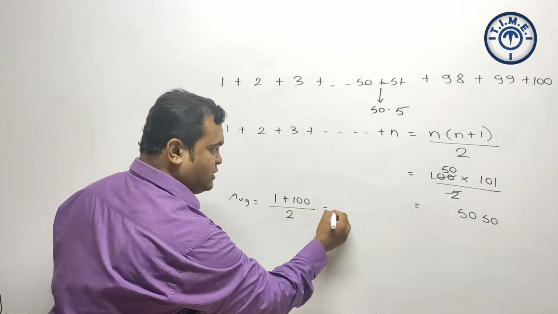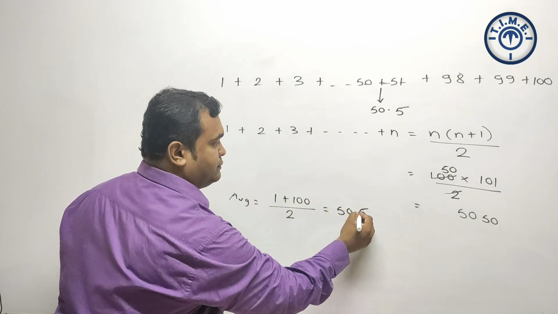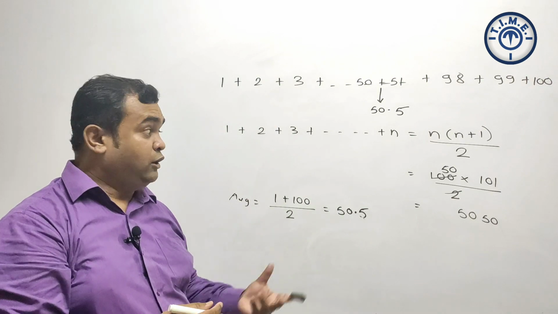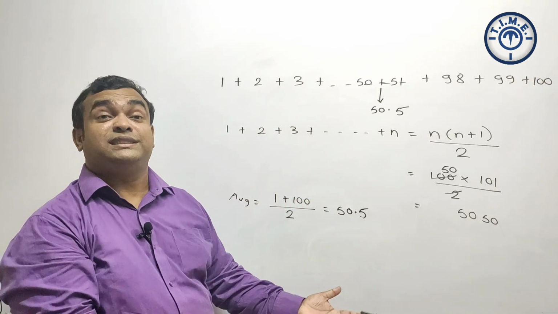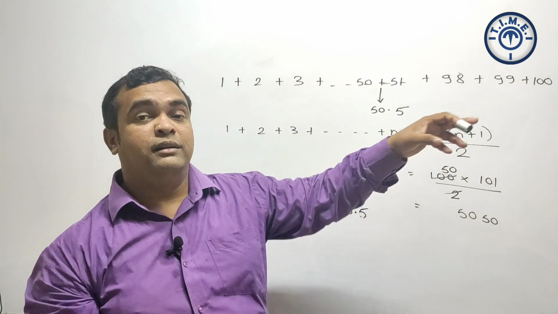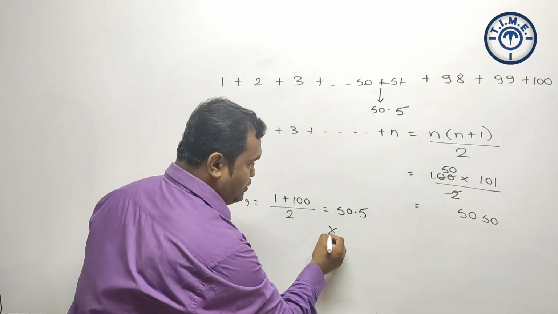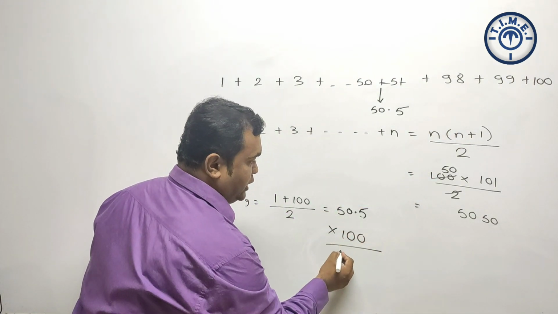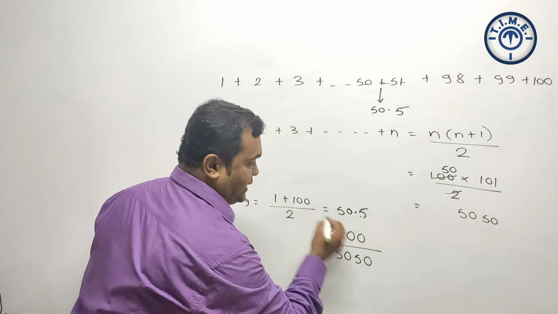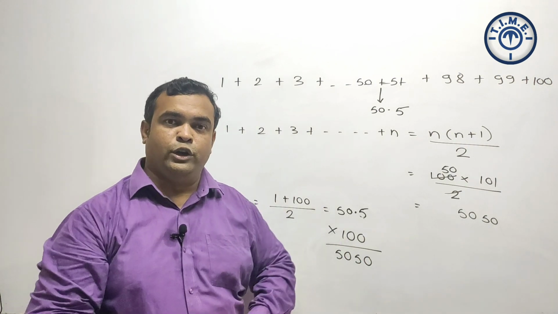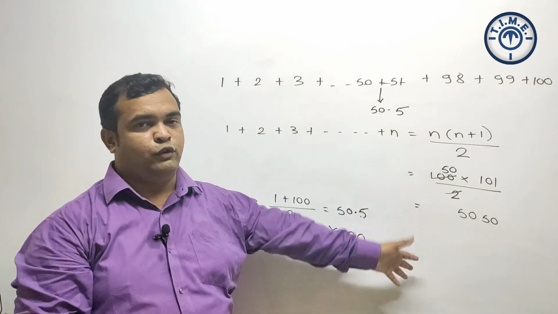If you do the first plus last upon 2, that is also 50.5. Okay, now that's the average. I want to find the sum. How many numbers are there? 100 numbers are there. You multiply by 100, you will get the answer as 5050. That's conceptual; you're actually solving without knowing any formula.